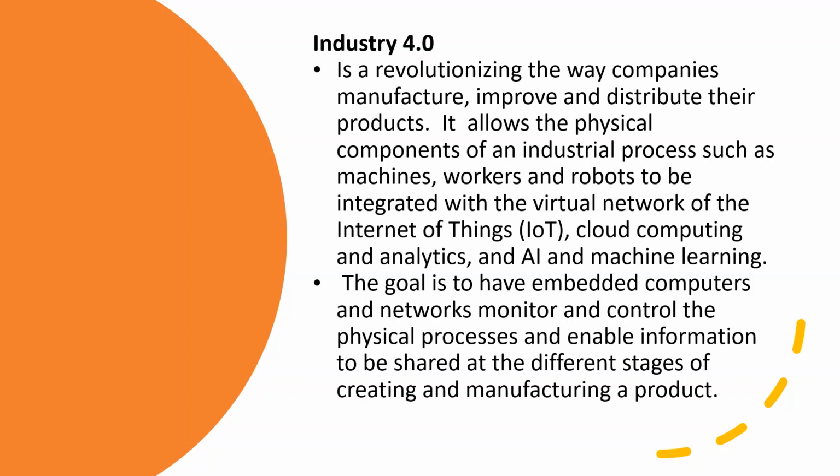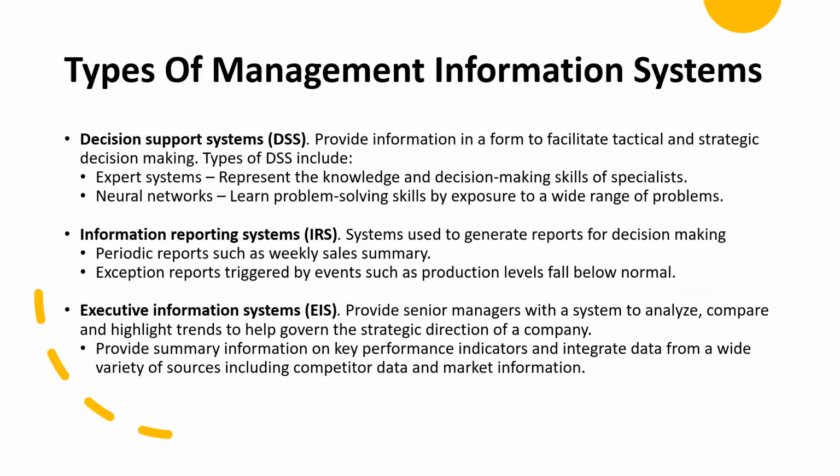We know we are in the big data science and analytics, artificial intelligence and machine learning. So incorporating those technologies into the manufacturing to improve and distribute the products. The goal is to have embedded computers and networks monitor and control the physical processes and enable information to be shared at different stages of creating and manufacturing of that product.